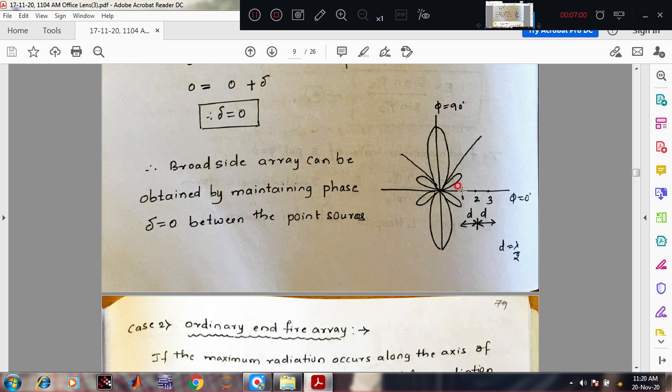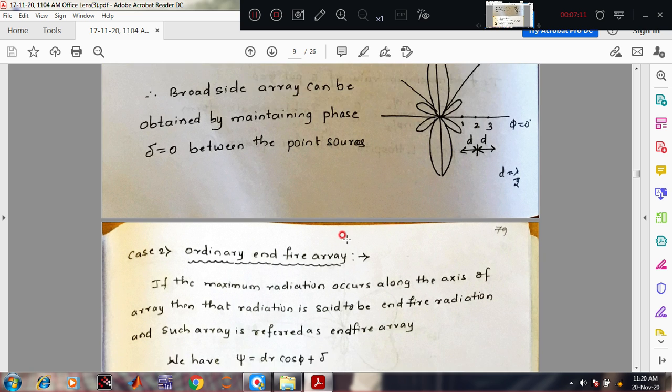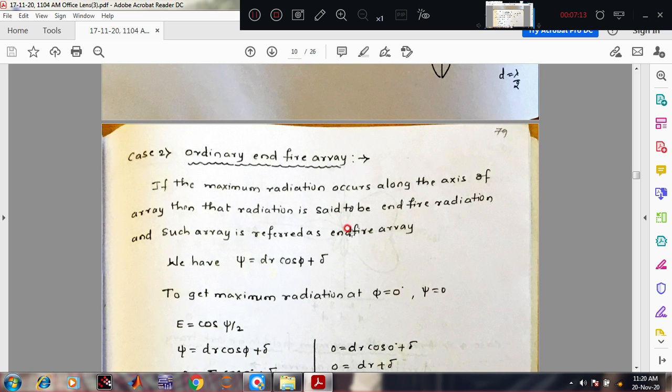The array elements are placed like this: 1, 2, 3 up to n. The spacing will be d, where d is lambda by 2, and lambda is the wavelength. So now let's move on to the next case.